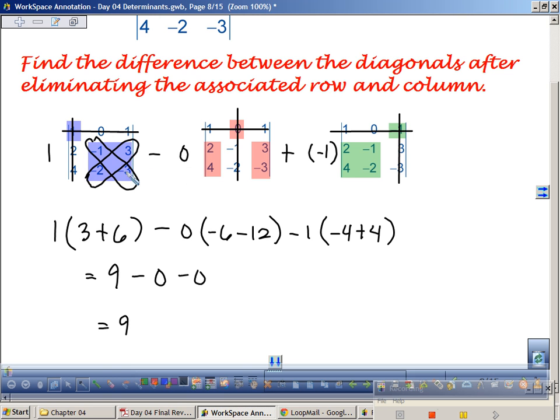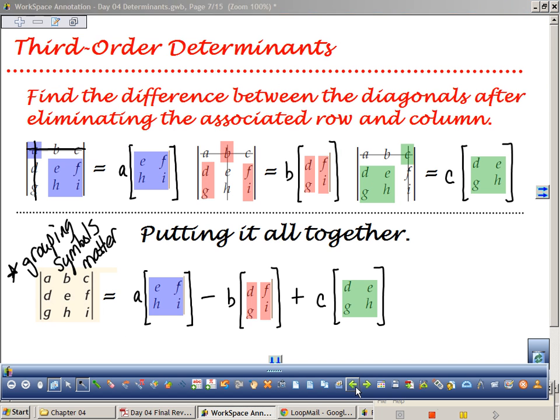I'm finding the difference between the diagonals. Because it was subtraction, whatever you start with, you go the opposite of the next one. Like the one is positive, so the next one will be negative, and the next one will be positive. That's what this was. Positive, negative, positive.